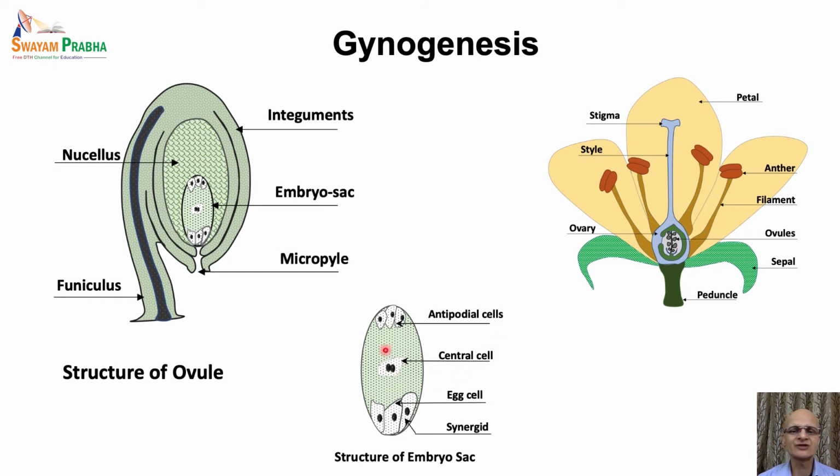In the center, the 2 nuclei fuse to form the 2N nucleus, which is also called the secondary nucleus, or at maturity it is also called the central cell. And finally, the 3 cells that are present on the micropylar end, the central cell among these 3 is called the egg cell, and the cells on the side of the egg are called the synergids.